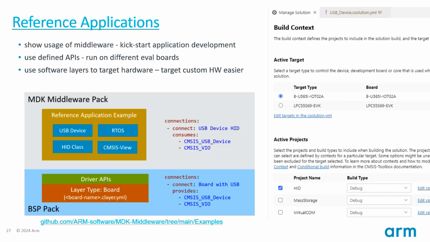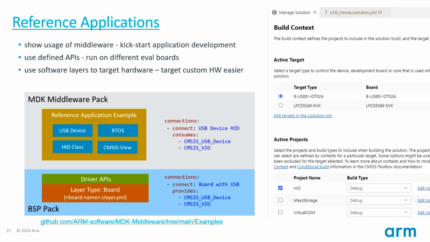So software layers is a concept in CMSIS pack where you can define, for example, in a board support pack, a layer for your board, and then you have connections that this board provides. So, for example, CMSIS USB device or CMSIS virtual I/O, and middleware or other software. It doesn't have to be middleware. It can also be directly the application software, if you like.